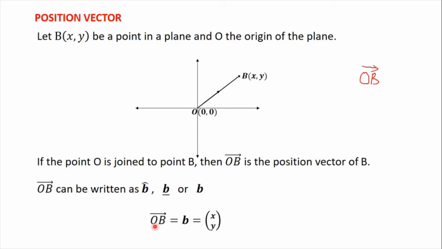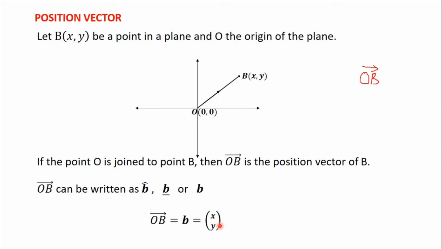The components of this position vector will be the coordinates of the point. Here the point is point B with the coordinates x, y. So the x component will be the x coordinate of the point B, and the y component will be the y coordinate of the point B.